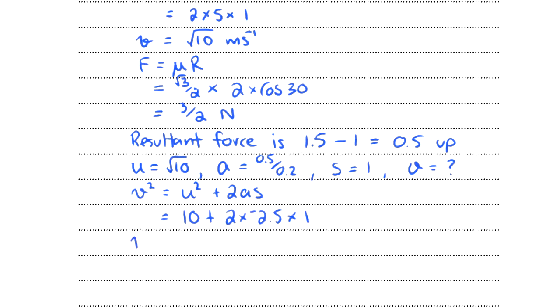And so v is the square root of whatever that is. That's not hard to work out. 2 times 2.5 is just 5, so it's 10 minus 5. So v is the square root of 5, which is approximately 2.24 meters per second.